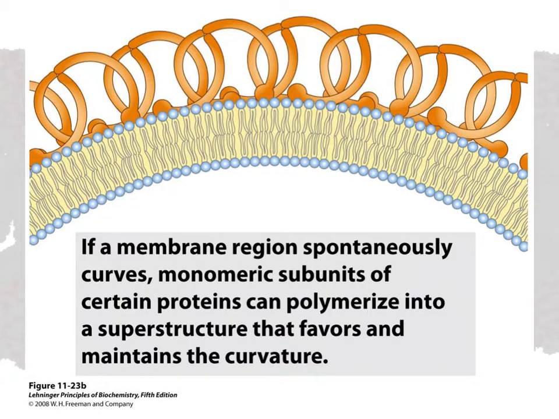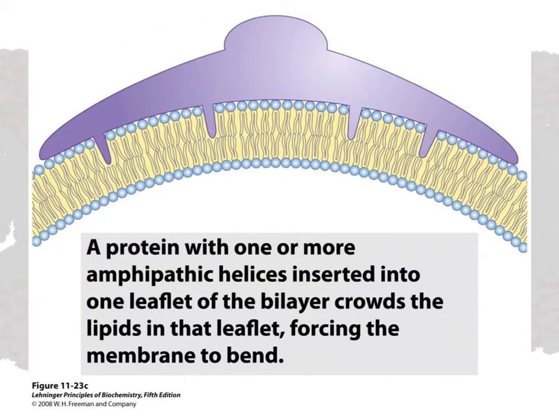Another possibility is you can actually have an amphipathic protein. To me it literally looks like a spaceship. Maybe it was about X-Files coming back on. But it inserts itself in that membrane, so it will force that membrane to take on that specific structure.